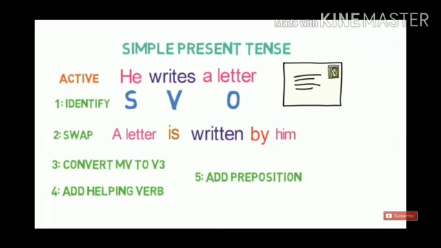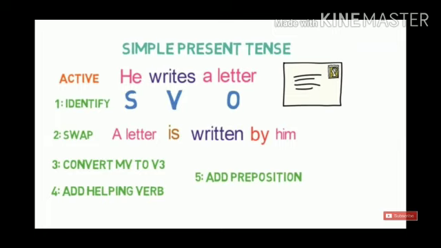Next is swapping the sentence. That is, swap object to subject and subject to object. So a letter comes first as the subject, and he has to be turned into him. That is, the pronoun he will change into him in passive.